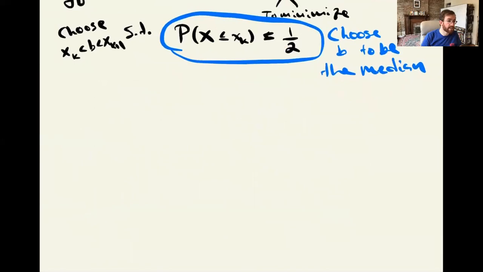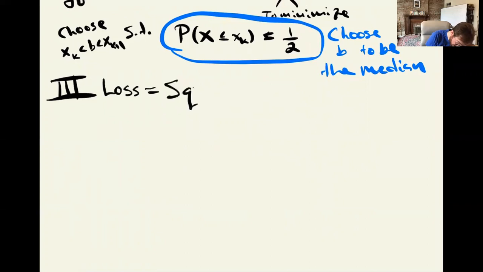Let's do this one last calculation where instead of looking at distance, I'm going to look at squared distance. So here my loss equals squared distance.